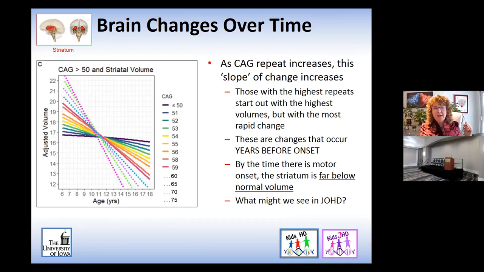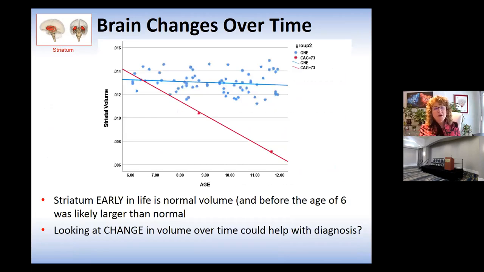So these are the dotted lines that we think are happening in the highest CAG repeats, right? So very early in life, very large striatum, but then it gets really small early on. So this is just one example of one of the things that we're hoping may help with the diagnostic challenge, because remember the whole concept of having that diagnosis based on your motor symptoms.